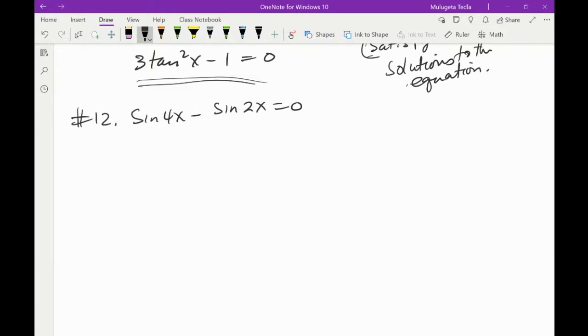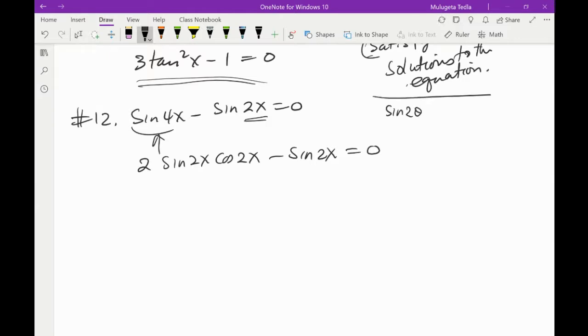What we could do is change sine of 4x, because this is in 2x, by identities. We learned that in section 3, the double angle formula: 2 sine of 2x cos of 2x minus sine of 2x equal to 0. That's what we have.